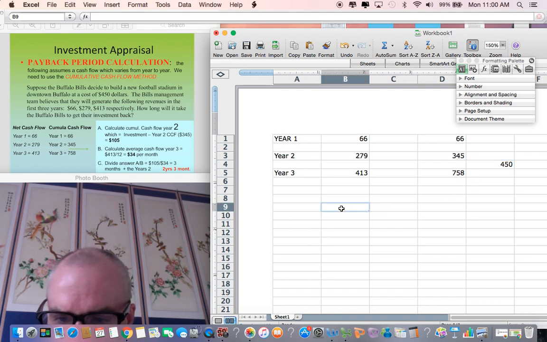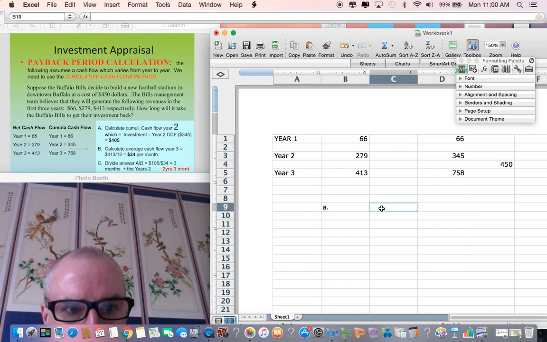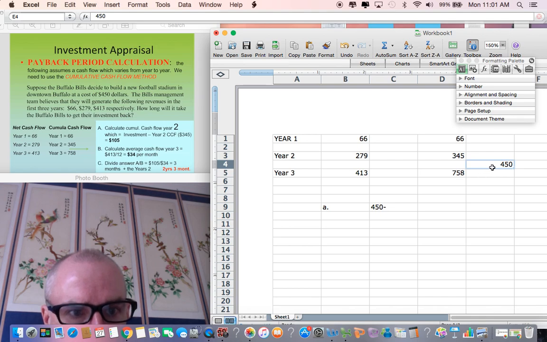So step A, I take my initial investment, 450, and I subtract the number that's above that line. I'm going to subtract my investment from year two or whatever year, wherever that falls in between. So I'm taking a number above it.